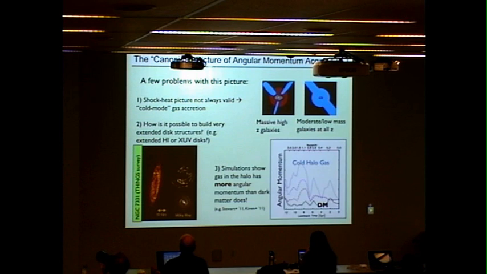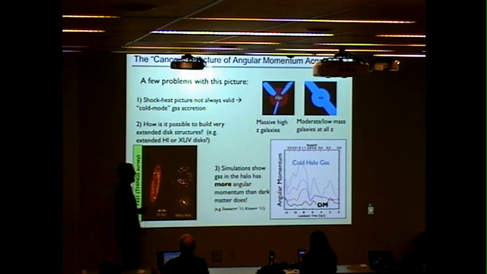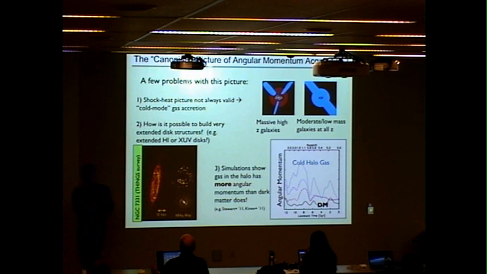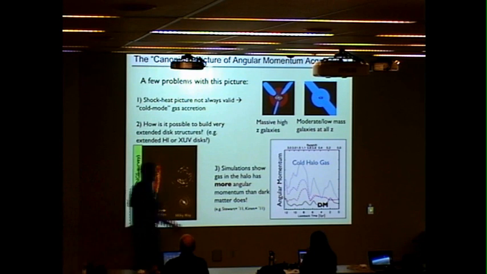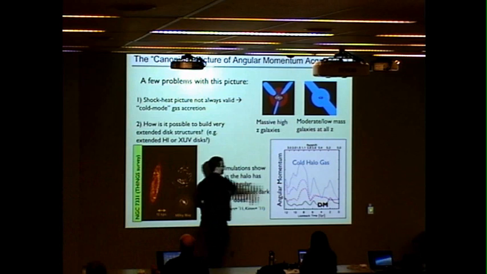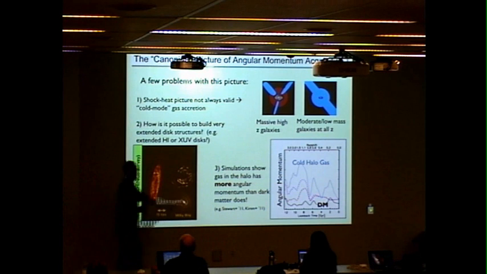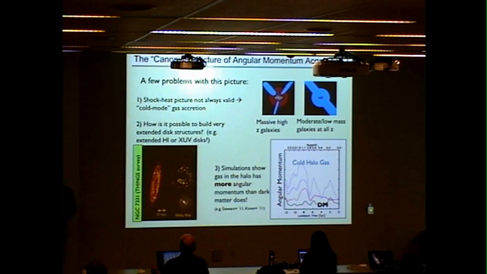The more recent motivation from my own work: for a few years prior, we were looking at our simulations, and this is the spin parameter in particular, but you should think of it just as angular momentum, as a function of time in one of our galaxies. We see that yes, the dark matter wiggles around a roughly constant value. We've known that for a long time since N-body simulations.